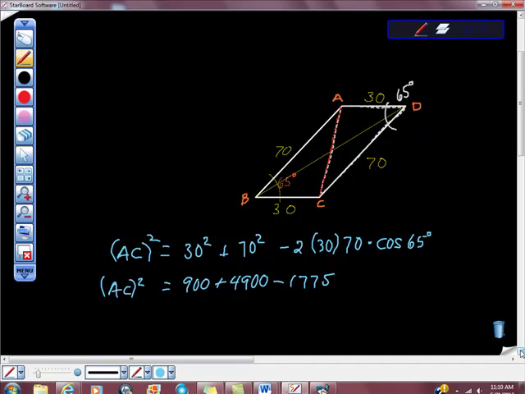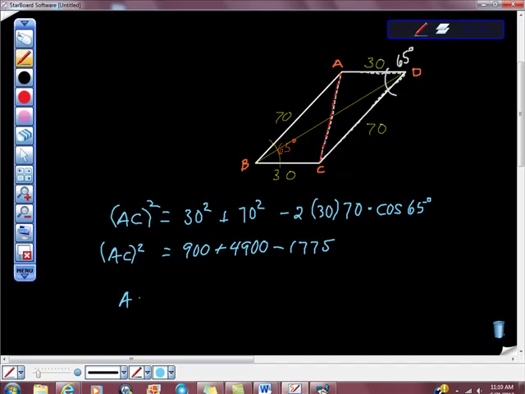So that gives us that AC is equal to the square root of all this stuff put together, which comes out to be 4,025. Using a calculator, the square root of that comes out to be 63. So we have this value here is 63.